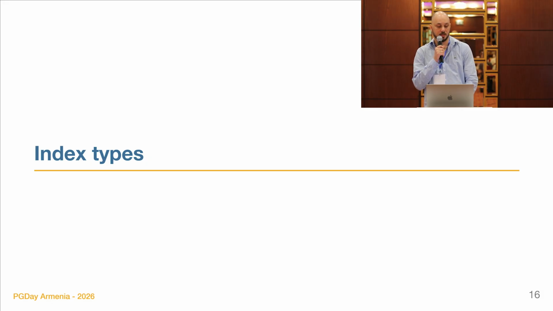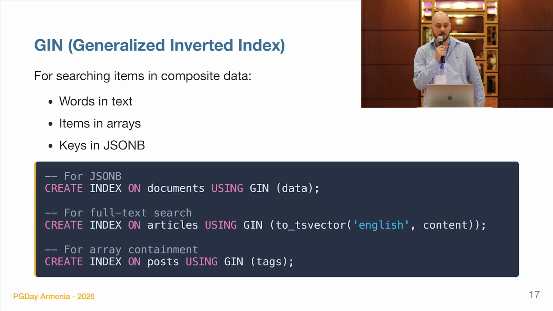The first one is the generalized inverted index. It's an inverted index, so the closest analogy for this data structure is the indexes that we have at the back of books, where we have a term and then all the pages where that term appears. And this is great for composite data such as text, arrays, or JSON.